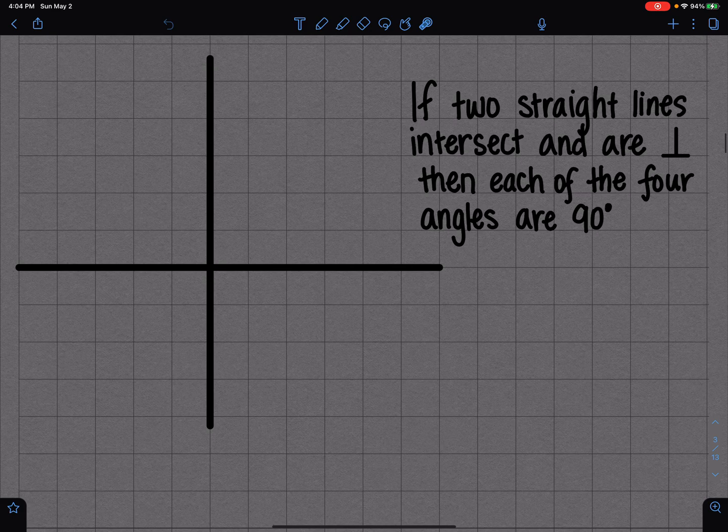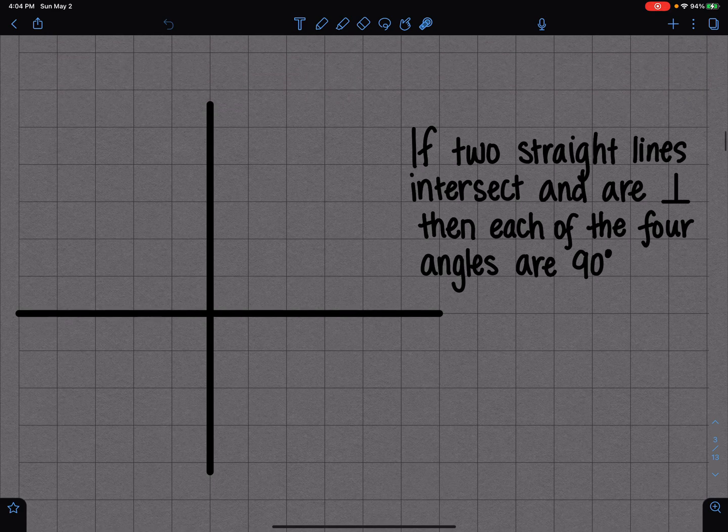To begin a quick review of angle measures, we're going to remember that if there are two straight lines, actually these are segments, and they intersect and are perpendicular to one another, so remember what that means, then each of the four angles created, A, B, C, and D, are all going to be 90 degrees.